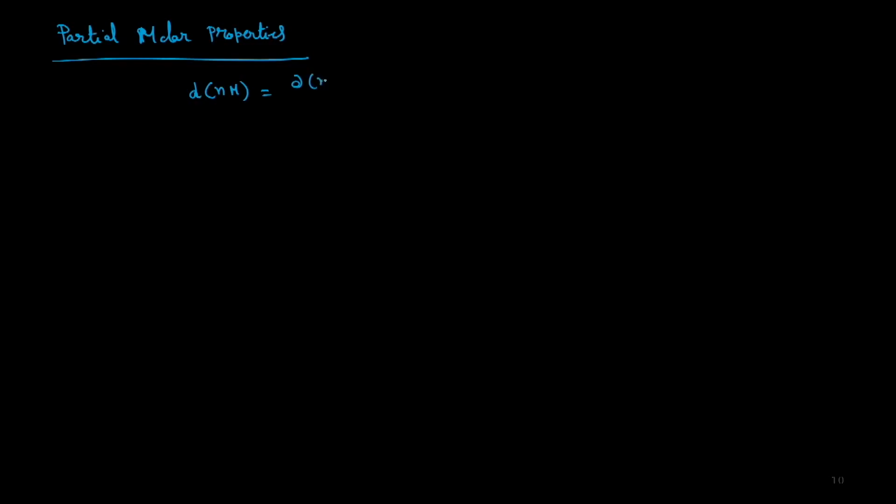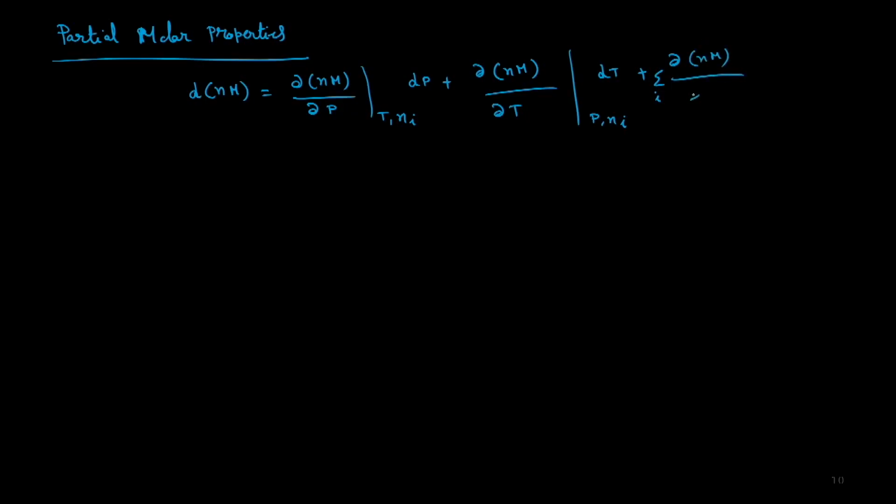It would be the partial derivative of Nm with respect to the pressure when we hold temperature and Ni constant times dP, plus the partial derivative of Nm with respect to the temperature when I hold pressure and Ni constant times dT, plus the summation of the partial derivatives of Nm with respect to Ni when I hold P, T and Nj constant, right, dNi.